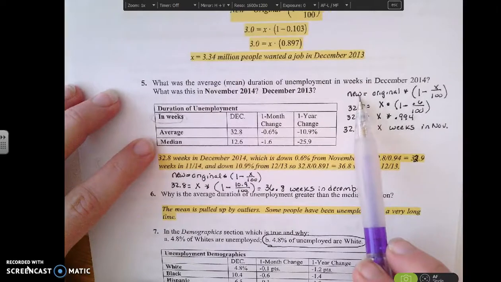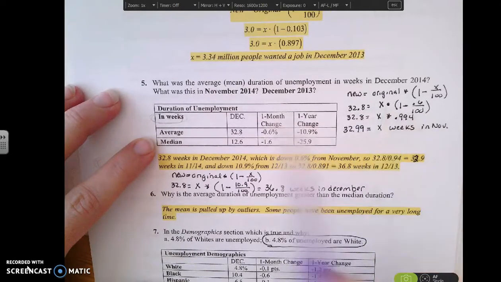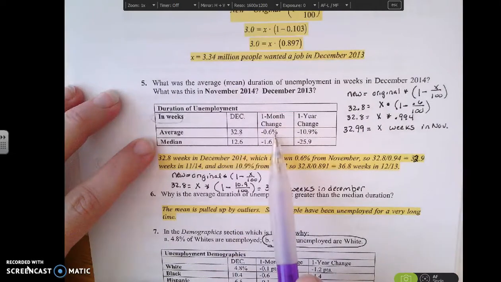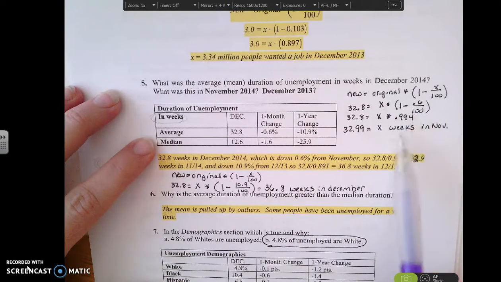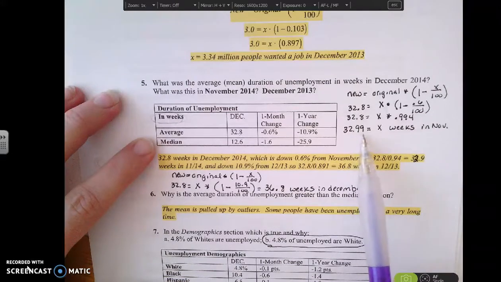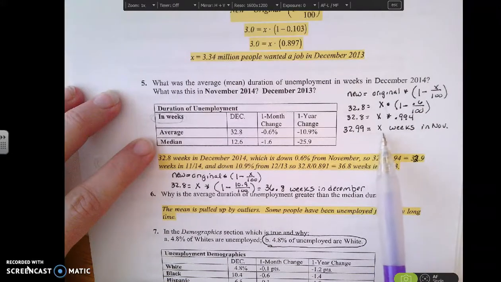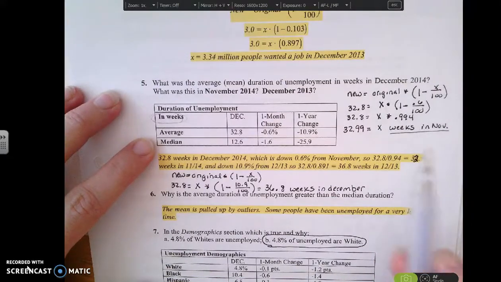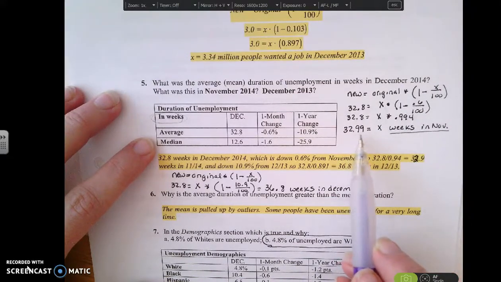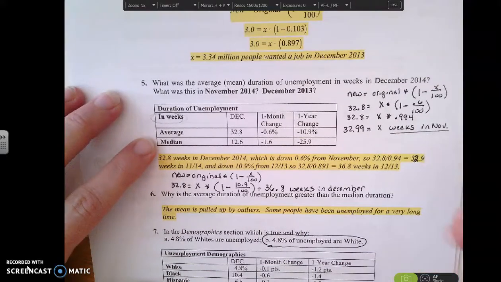So the new is 32.8. The change for November would be the one month change, 0.6 over 100. So 0.6 over 100 gives 0.994, so it's 32.99 weeks in November of 2014.